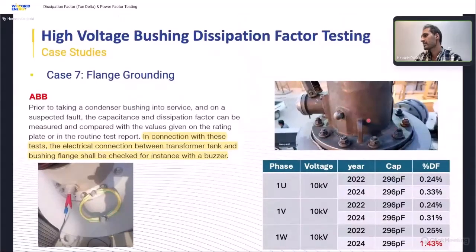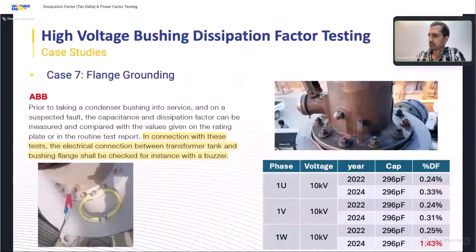They forgot to install flange grounding because there was a problem inside of the transformer. They removed the bushing and installed it again, but forgot to install flange grounding, and because of that they got a higher value for dissipation factor. So always check flange grounding first when you have a higher value for dissipation factor, then test connections and the test device, then go deeper and do other tests.